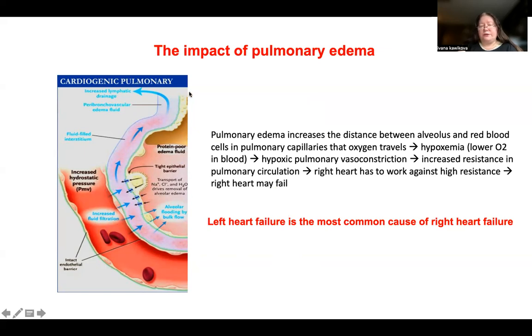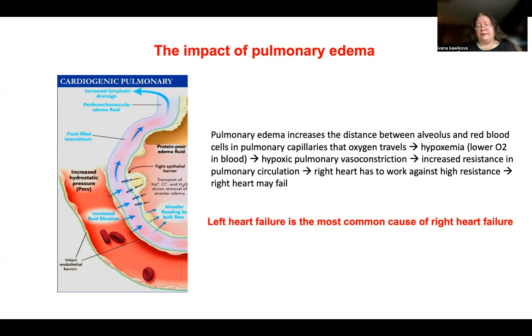And now oxygen that travels with air into alveoli has to travel significantly longer distance through the fluids before it reaches red blood cells. As a result, the pulmonary circulation will suffer hypoxemia, which means a reduced amount of oxygen.